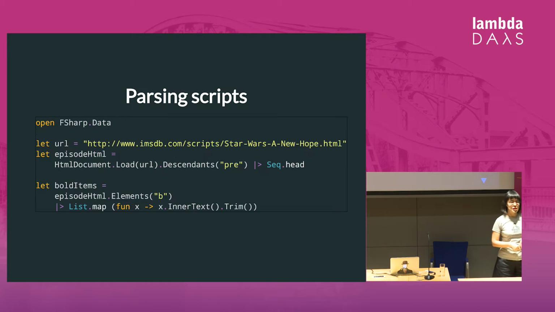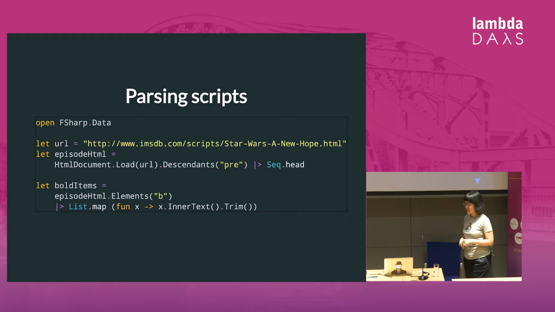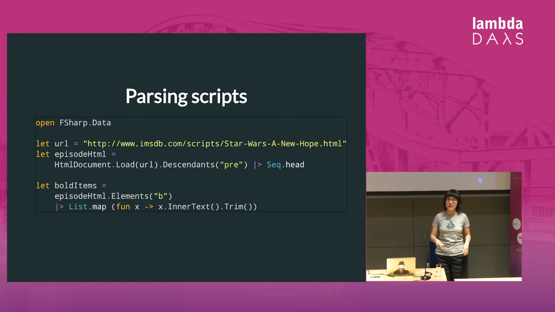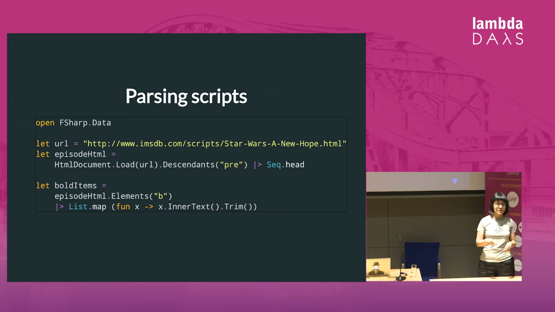And this is the F# code that I wrote for this. I was using something from F# Data. It has a very nice HTML type provider, which also includes an HTML parser. So I could just load in the HTML document. This is the URL of the first episode.